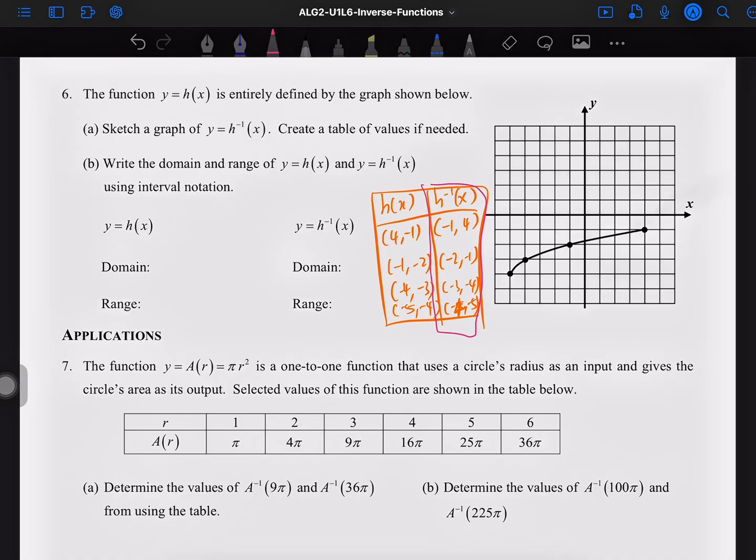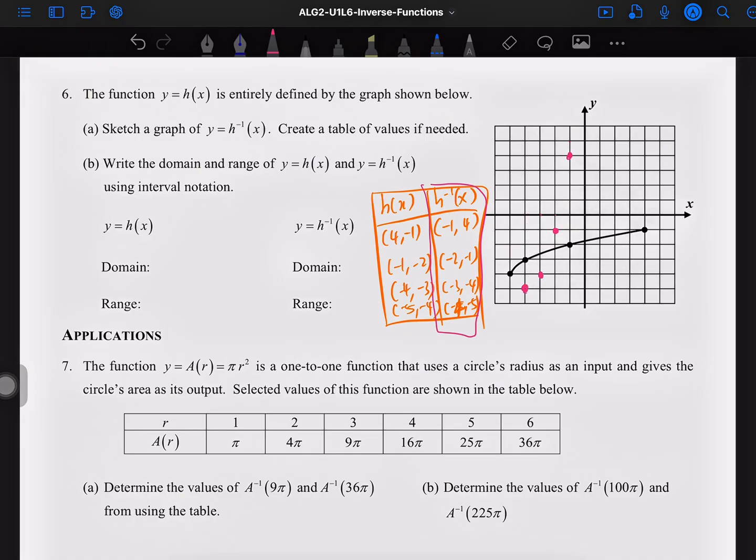The points (-1, 4), then (-2, -1), then (-3, -4), and then (-4, -5).